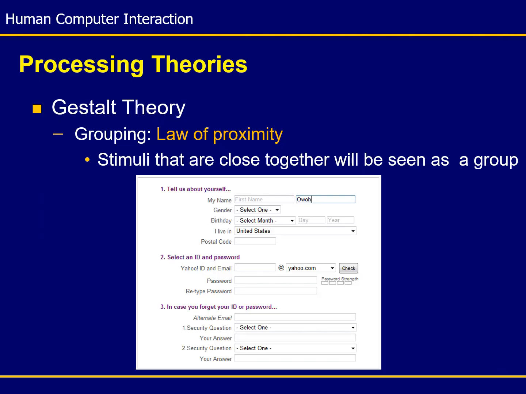Now, this is another application from a user interface in forms, in building forms, utilizing the law of proximity. When you look at this form, you feel that it's well made. The reason why it's well made is that the designer used indentation to group the fields in one section, under one title, together.